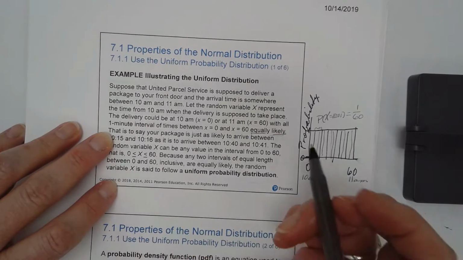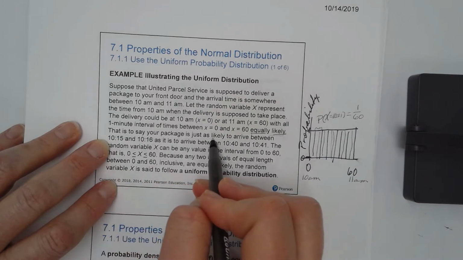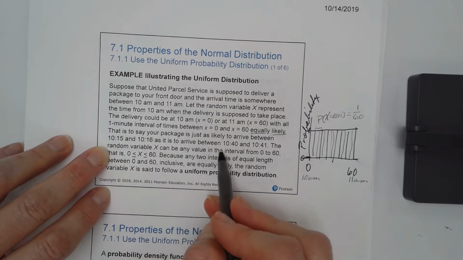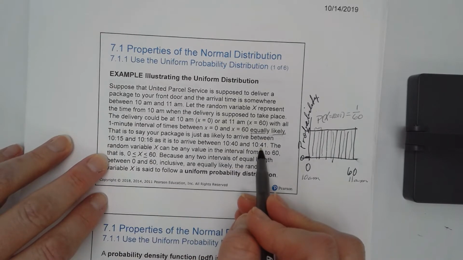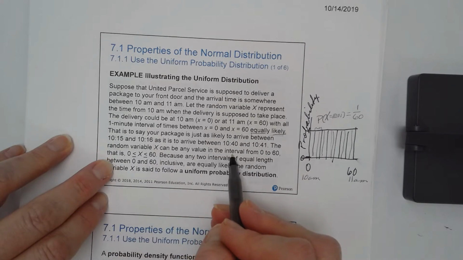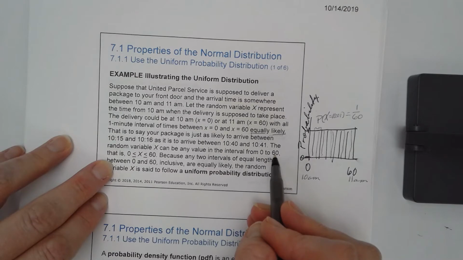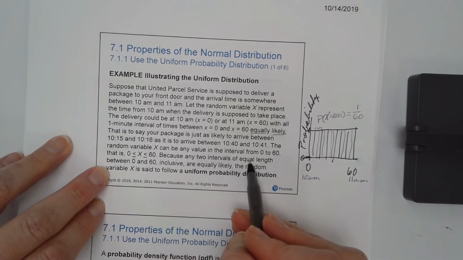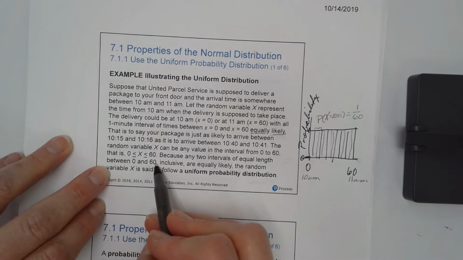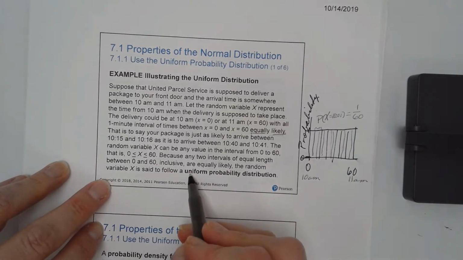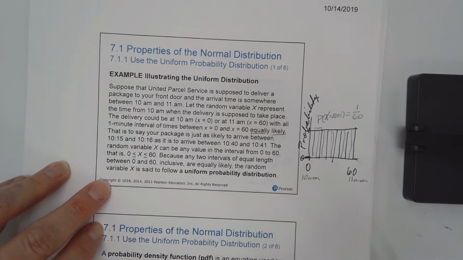All right, so that is to say your package is just as likely to arrive between 10:15 and 10:16 as it is to arrive between 10:40 and 10:41. The random variable x can be any value in the interval from x equals 0 to 60. Because any two intervals of equal length between 0 and 60 inclusive are equally likely, the random variable x is said to follow a uniform probability distribution.